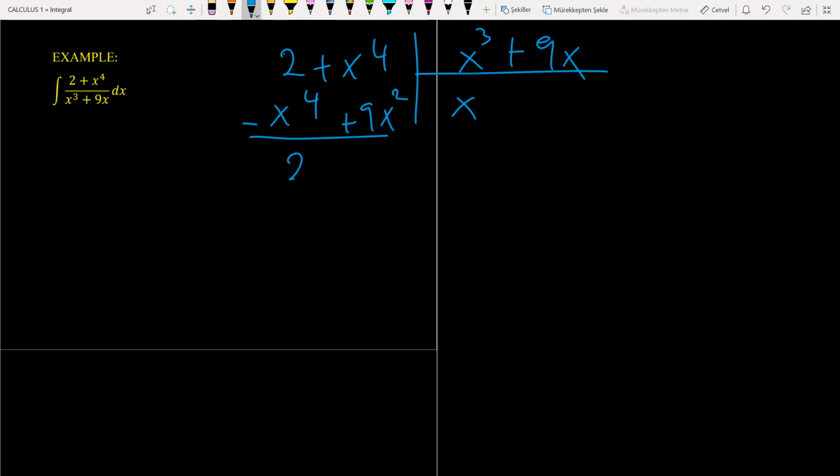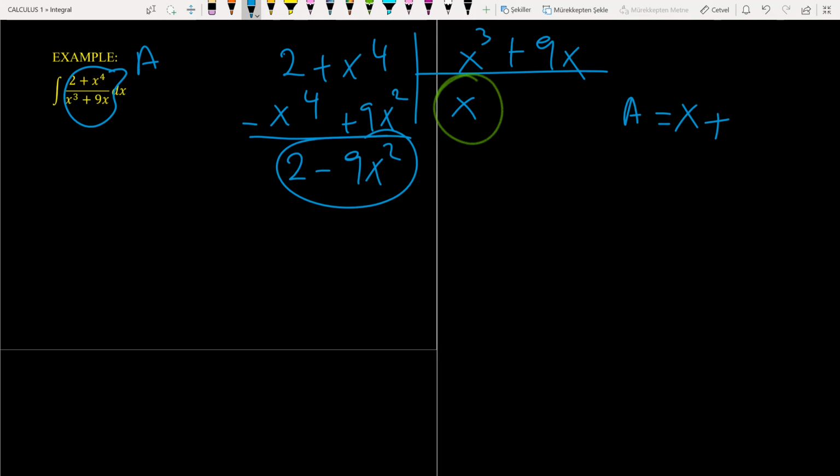If you do this computation, you have 2 minus 9x squared. So let's say this is A. A becomes, in this case, if you do the long division, x plus 2 minus 9x squared divided by x cubed plus 9x.